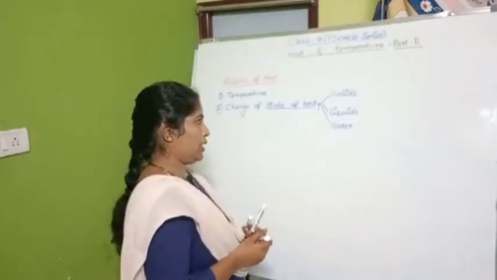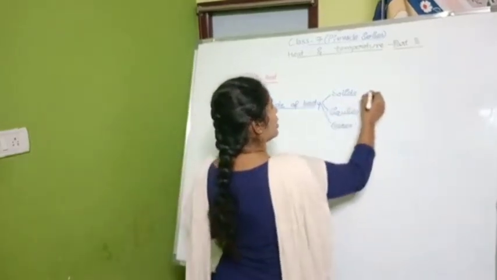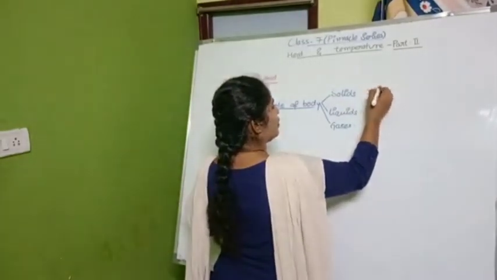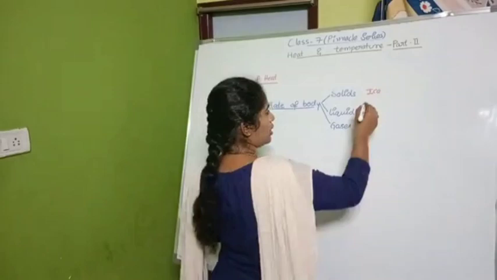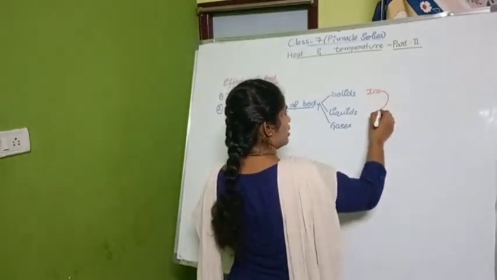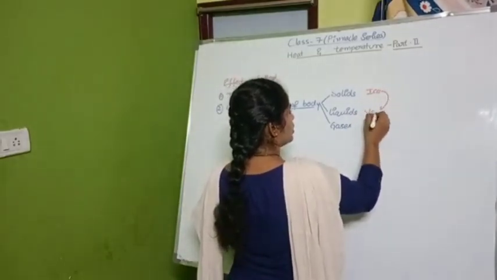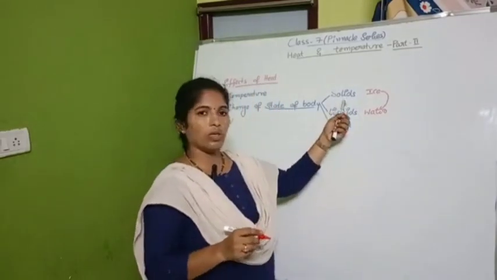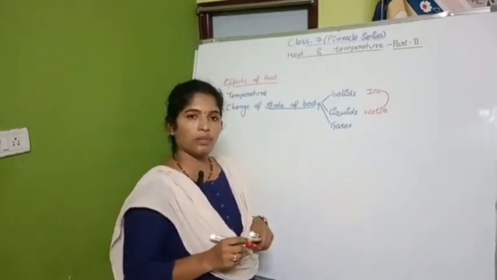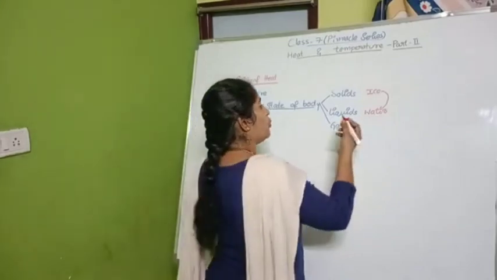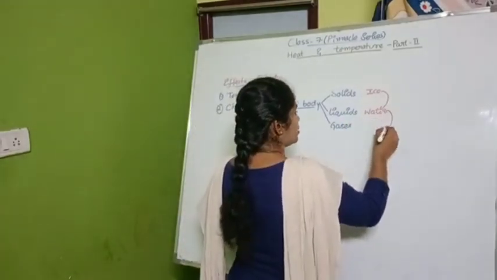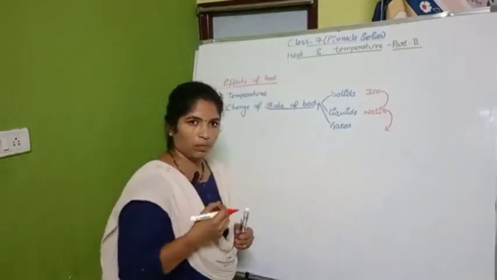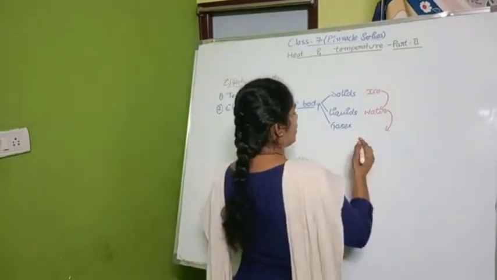If I apply heat, think I had ice. If I apply heat energy, the heat absorbed by the ice will convert it into water. That is, ice is converted to water. Ice is a solid state, water is a liquid state. If I apply heat energy to water, the water will boil and evaporate.